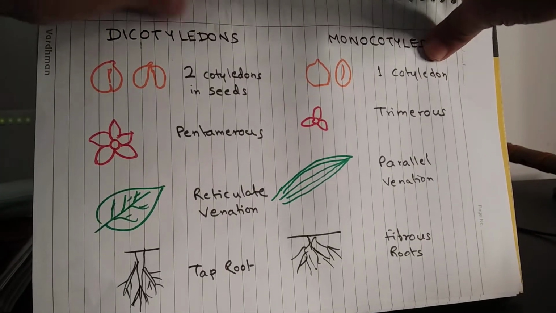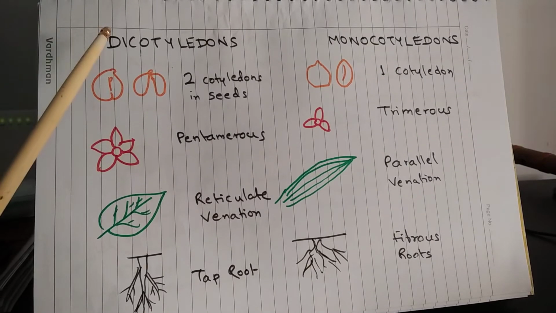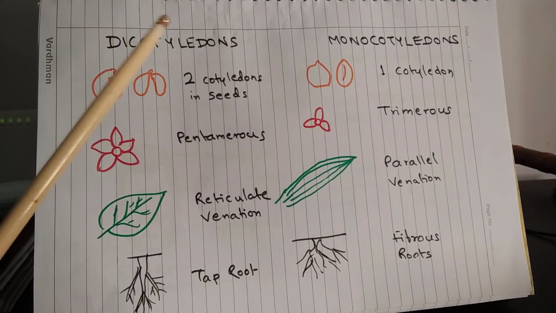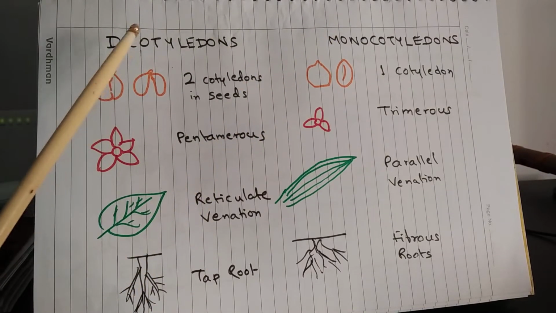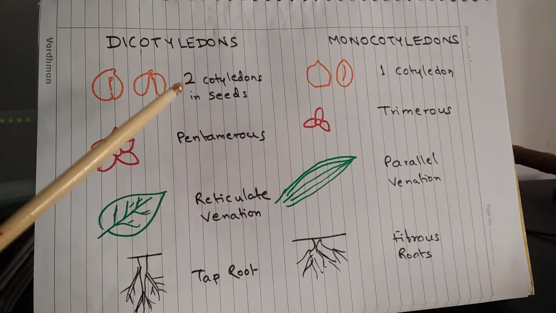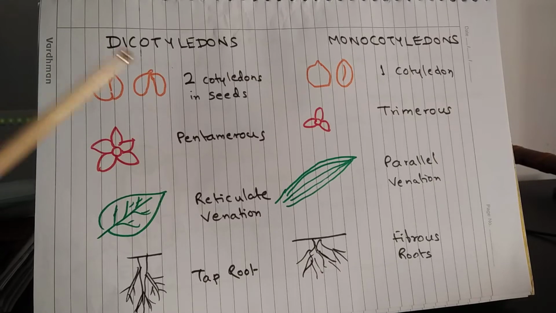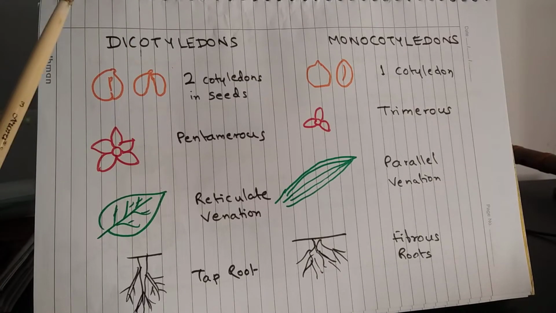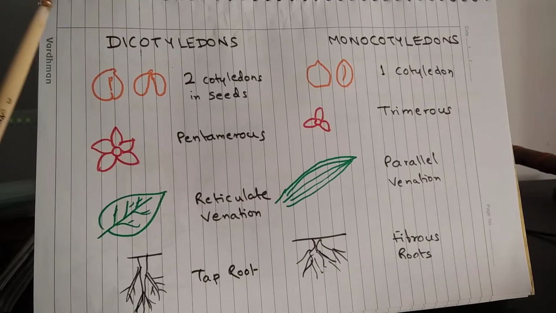Angiosperms have been divided into two classes. One is called dicotyledons and another is monocotyledons. You can also say dicot and monocot. Here is a comparison of some key features of dicots and monocots. As the name suggests, the seeds of dicots have two cotyledons.